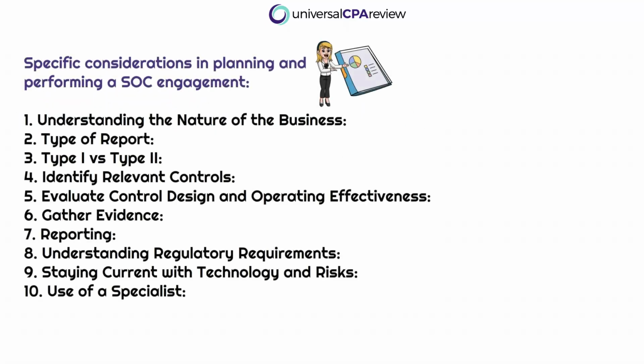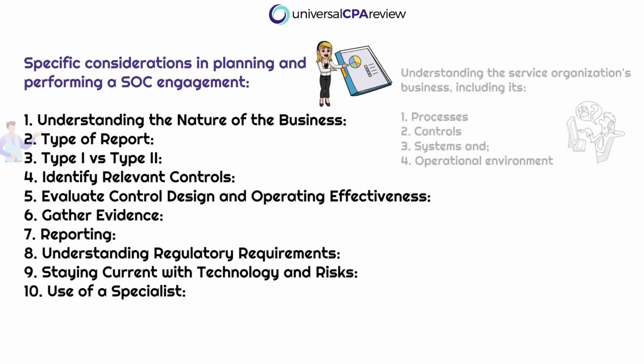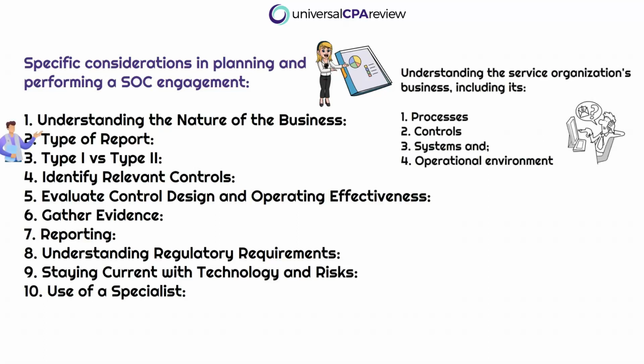So here are some specific considerations to bear in mind when planning and performing a SOC engagement. We need to understand the nature of the business. The first step in planning a SOC engagement is understanding the service organization's business, including its processes, controls, systems, and operational environment. This is understanding how to identify risks and formulate audit objectives.